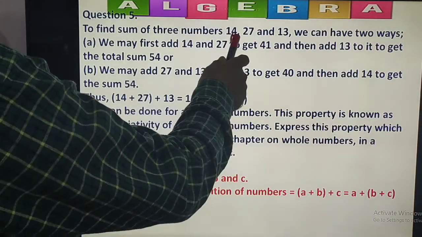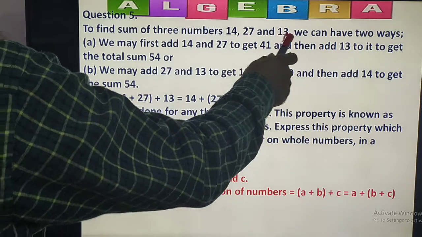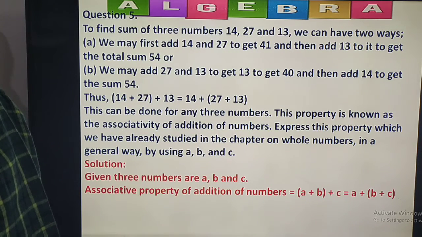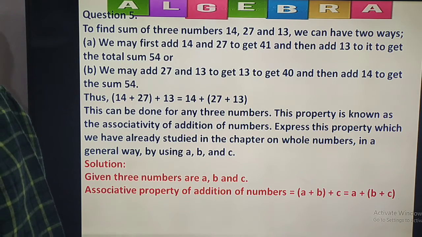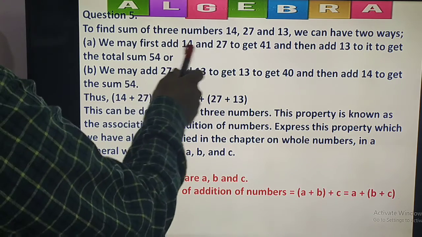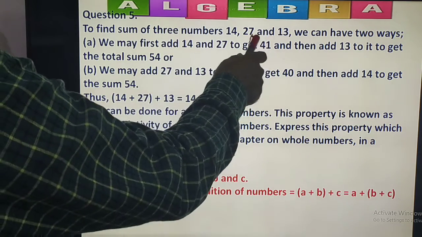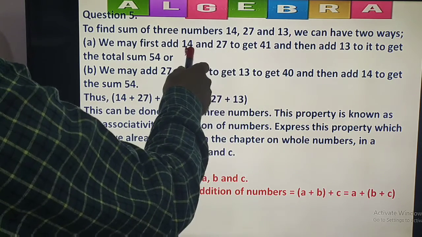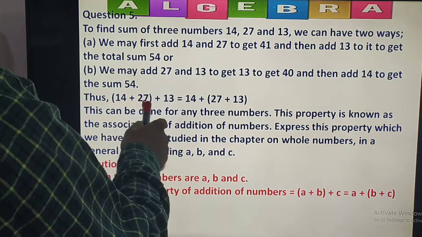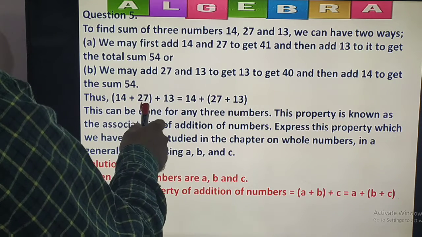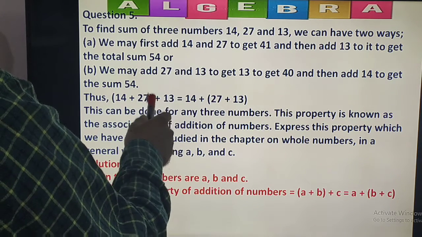Now to find the sum of three numbers 14, 27 and 13, we have 2 ways. First of all, we can add the first 2 numbers, 14 and 27, and then add the third.